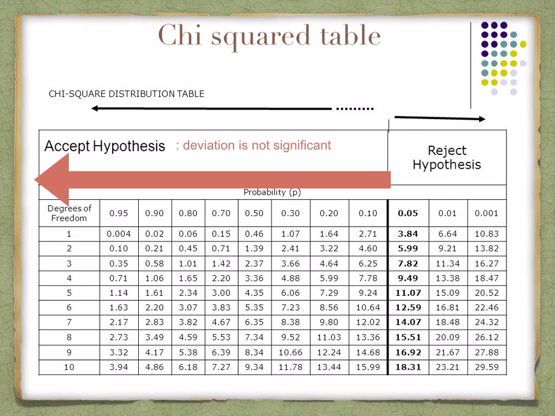In the chi-squared test, you've got a critical value of 0.05 or 5%. This means that any difference is 5% due to chance. If the probability that the deviation is due to chance is greater than 0.05 or 5%, we say that the result is not significant and the null hypothesis would be accepted.